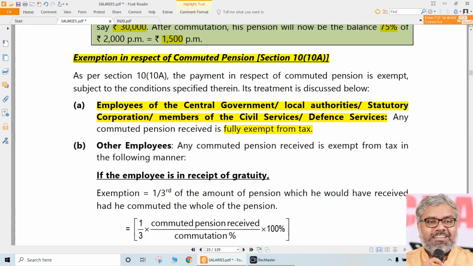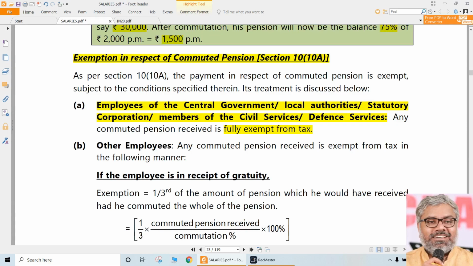Who are those people? Employees of central government, employees of local authorities, statutory corporations, members of the civil service or defense service. Simply speaking, government employees, including the employees of central government or even state government also, and local authorities also. State government is missing here.